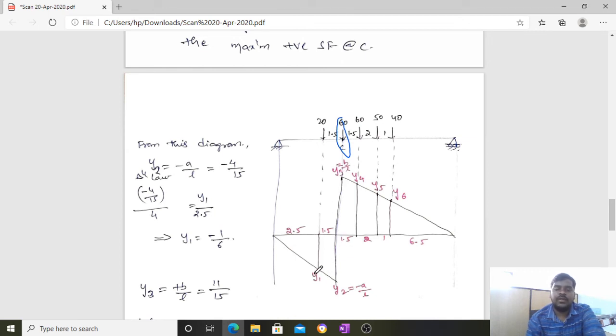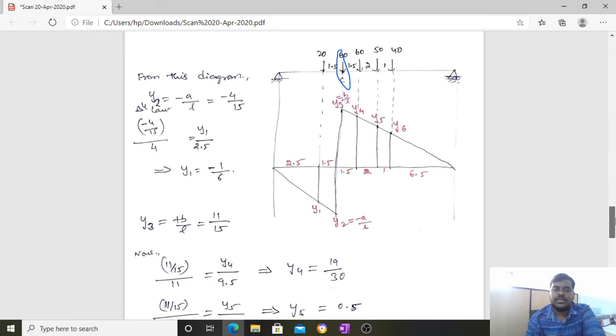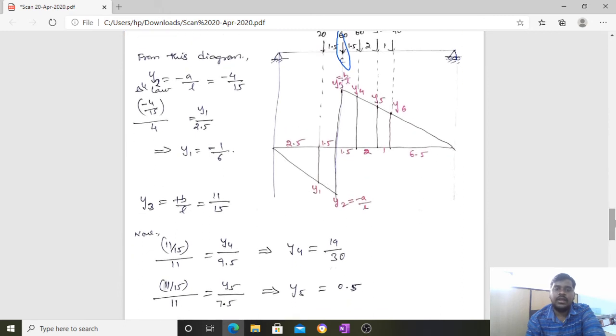Here you have written y1, and as the loads are crossing here, different ordinates can be found like y1, y2, y3, y4, y5 and y6. So y1 will be minus 1 by 6, and y2 is minus a by l, as usual we know, minus 4 by 15, shown here. And y3 is b by l, and similarly y4 and y5 you can find.